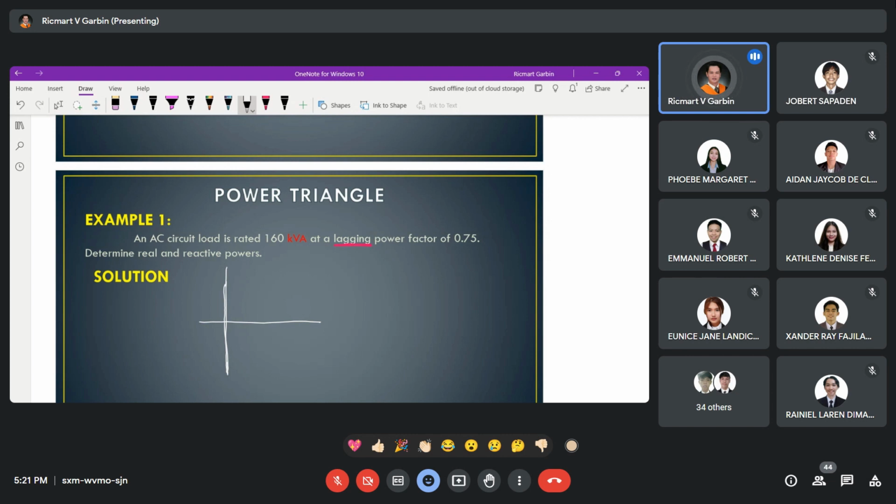Kung i-drawing natin yung power triangle. Pag lagging ang power factor ng circuit, anong reactive power ang involved doon? Inductive or capacitive?